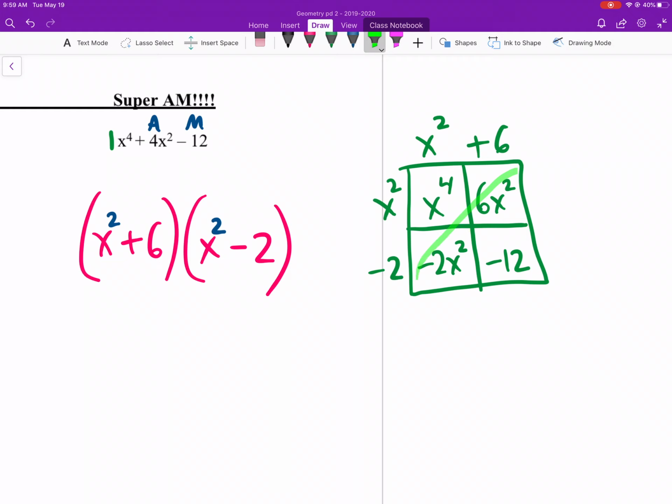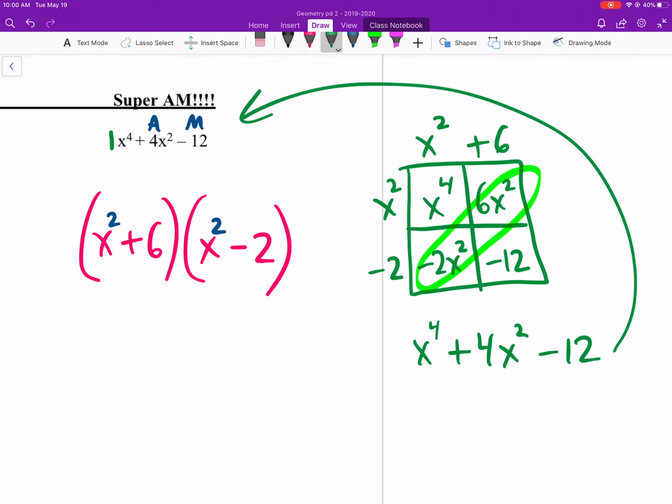Now we're going to combine like terms. So we have x to the 4th, and 6x squared minus 2x squared gives you 4x squared. And you still have minus 12. So you can see that, guys, this brings you back to the original. So you could check it out with the box method.